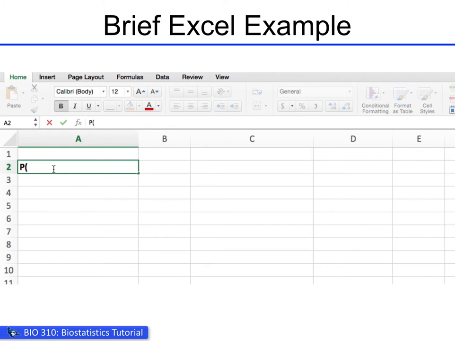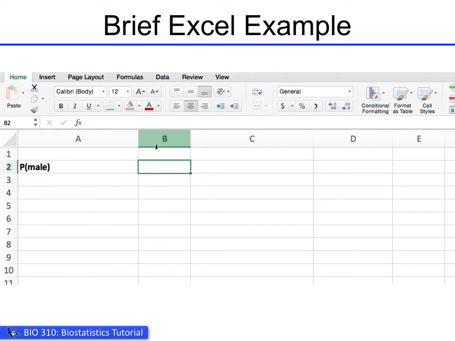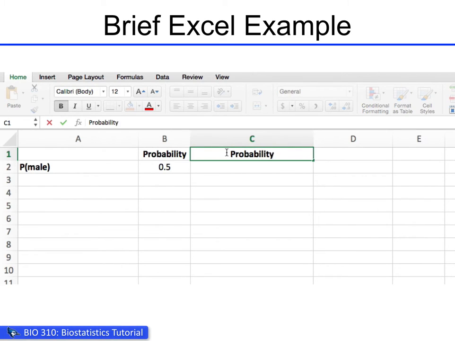So for example, if we look at the proportion of males, and here we can put probability. So if the probability of being male is 0.5, one thing that can also be useful when you're working through probability questions, like you'll see for homework, is to also include the probability of not meeting that case.